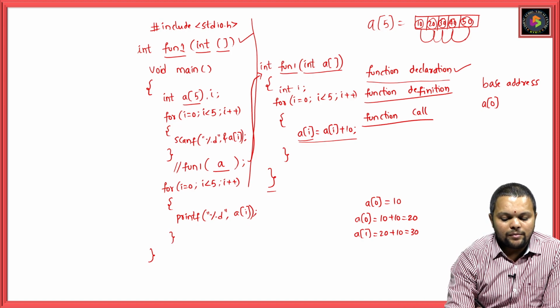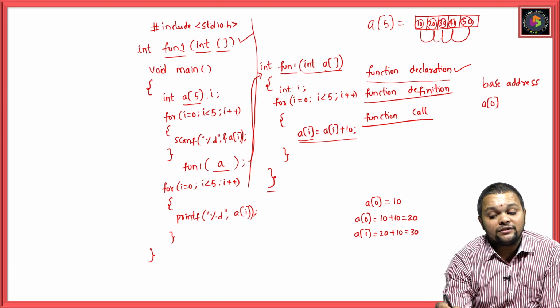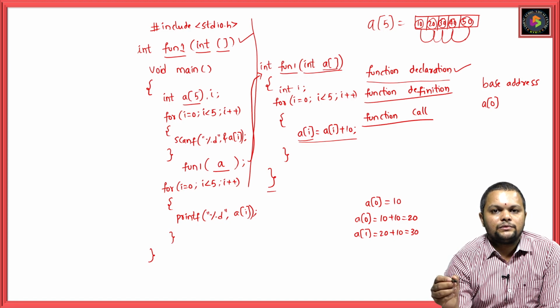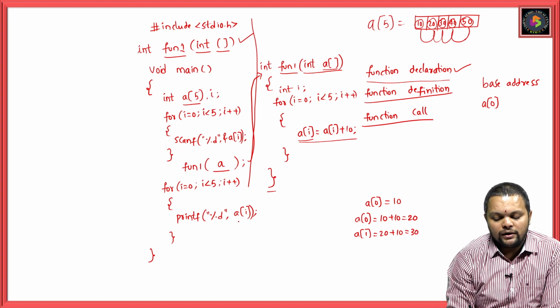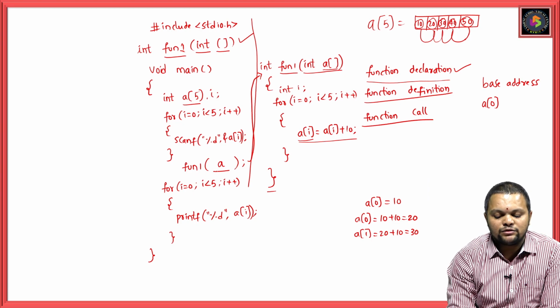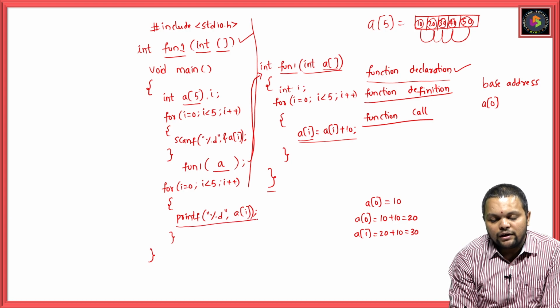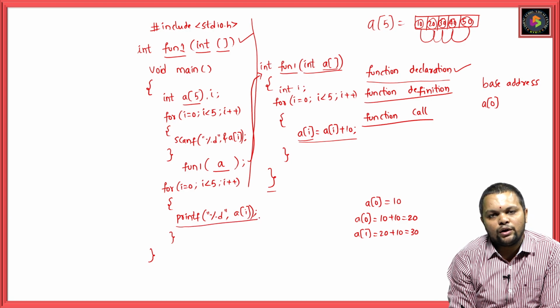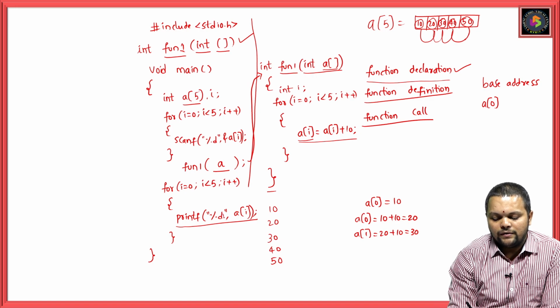Now, if I am removing this comment, I am just calling this function and it is modifying the values of array A. It will take one by one element and modify it and come back at this position. After coming to this position, if I am printing the values of A of 0, A of 1, like that up to A of 4, it will print 10, 20, 30, 40, 50. See if I am giving a backslash in here.